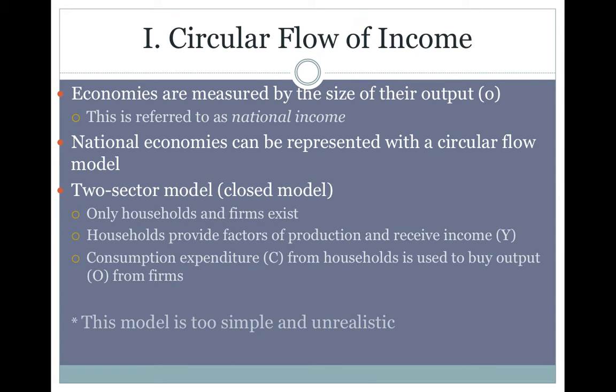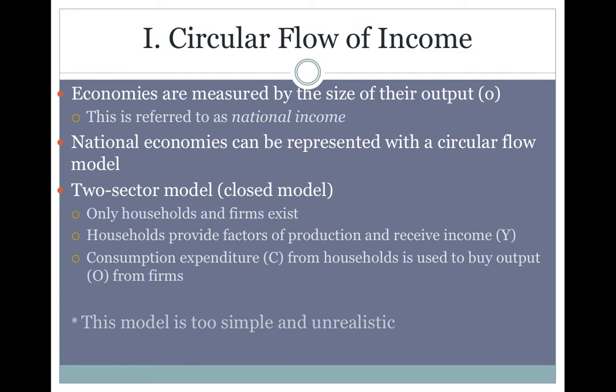In showing this output, we show two sectors in the circular flow chart, a household sector and a firm sector. What's going to happen here is we're going to show that output flows from the firms to the households.